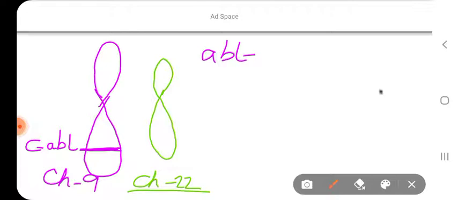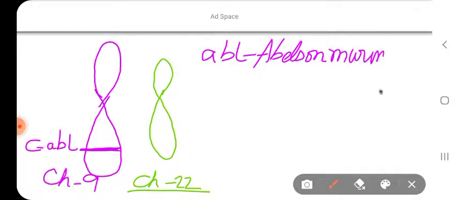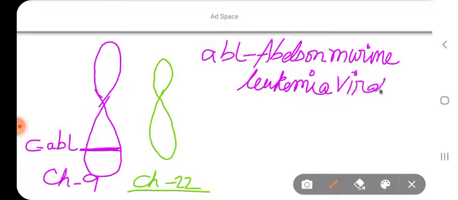Abelson; murine refers to the mice; leukemia; viral; oncogene.